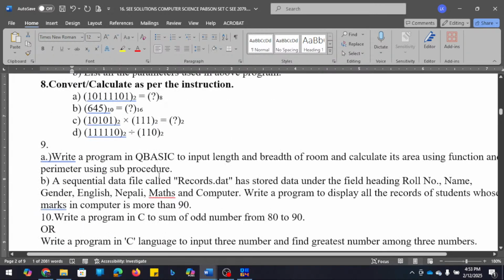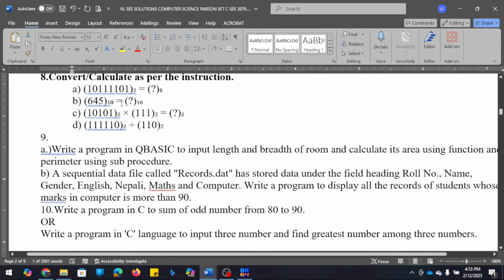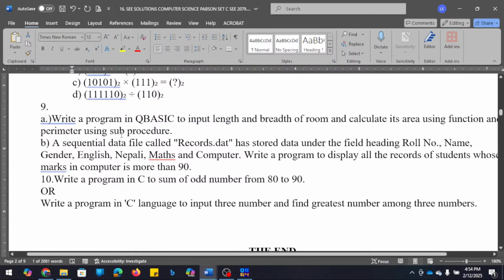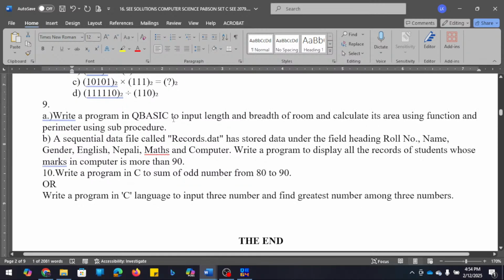So these are very simple conversions, we can do it. Now let's write these equations using function and parameter, and this type of program we have already done. Store data under the field heading roll number, this type of program we have already written in the previous video.